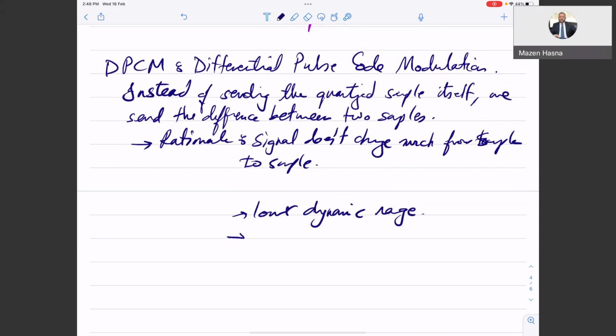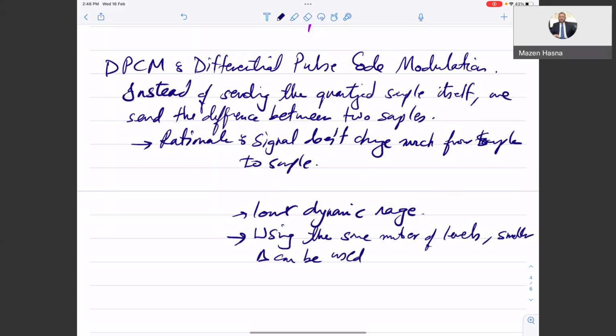Which means for the same number of levels, a smaller delta can be used, because the levels will be very close to each other, which means less quantization error, right?